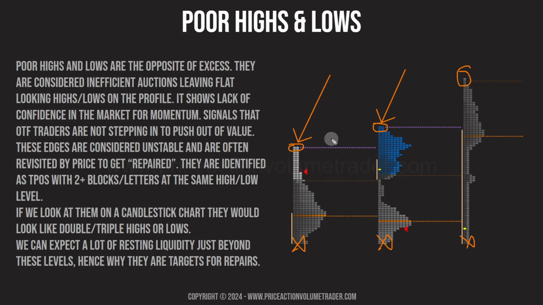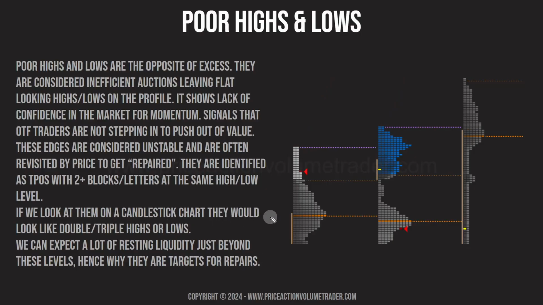So this is what we would call poor highs, and this is going to be an important reference point because the market will tend to come and hit those levels to do what we would call repair those levels.